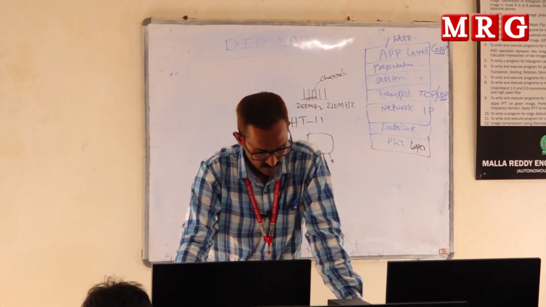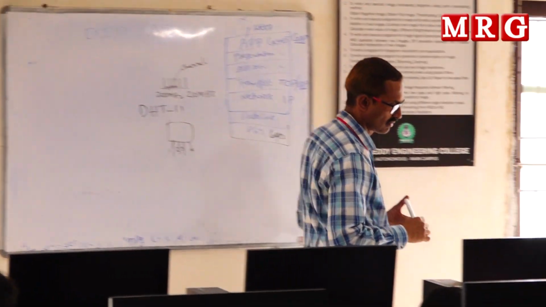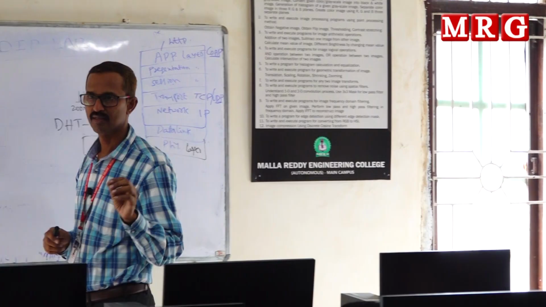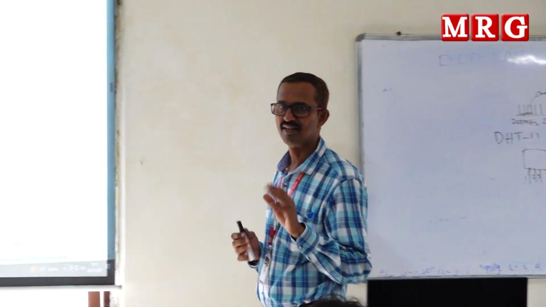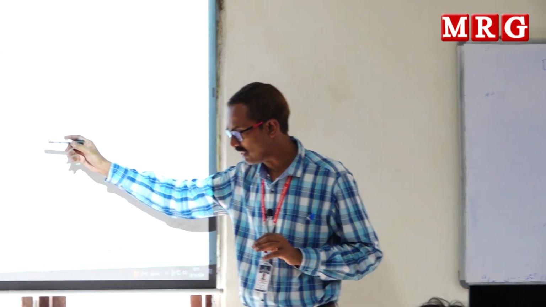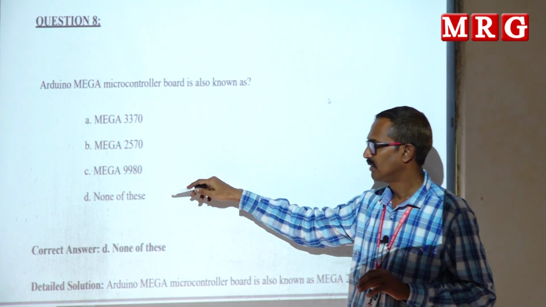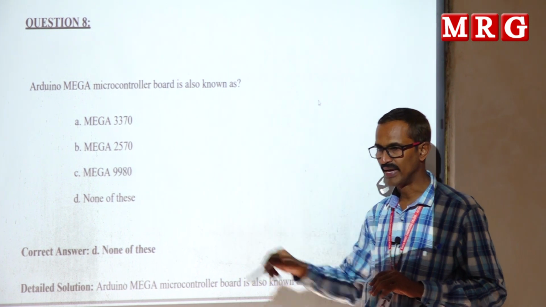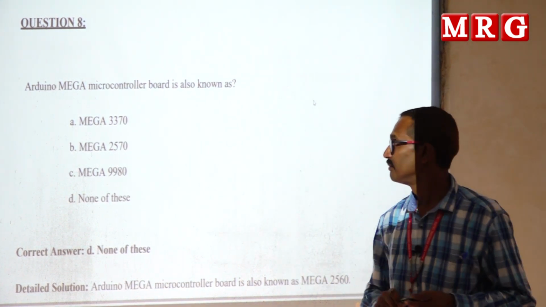Better to note down that number. It is just a memory question. If you remember that answer, you can write it, because here all three options are wrong. The answer is D. The correct answer is the Mega 2560 model.